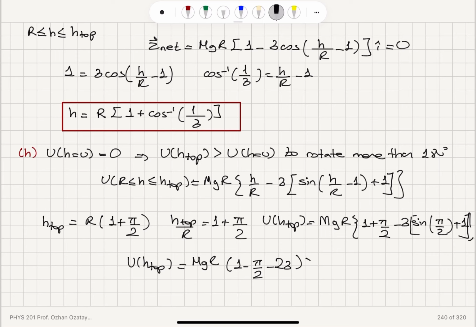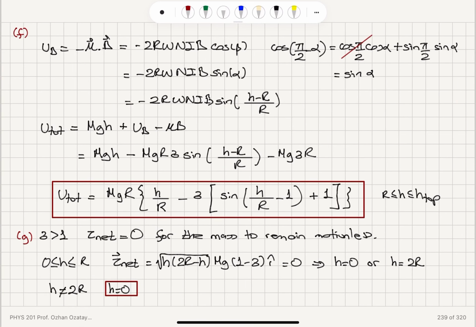And this has to be positive, which means that sigma should be less than 1 over 2 plus pi over 4. If this condition is satisfied, if sigma is less than 1 over 2 plus pi over 4, then it will rotate past the 180 degrees.